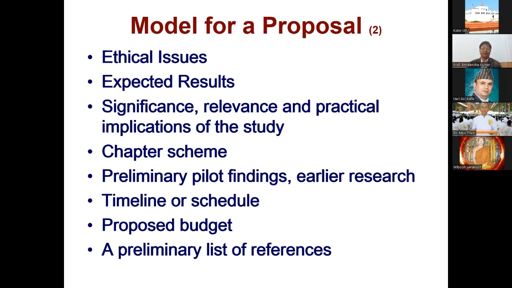Then what will be the chapter scheme, the preliminary pilot findings, and earlier research. Then you have to state in how many years you are going to complete it. You have to make a schedule of your whole research program. Then what will be the proposed budget and a preliminary list of references, primary references and secondary sources.